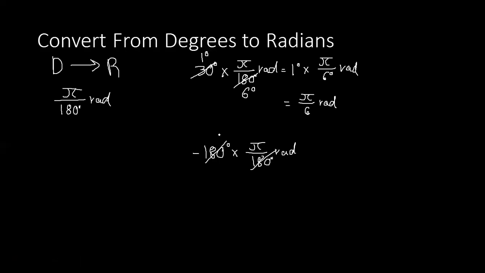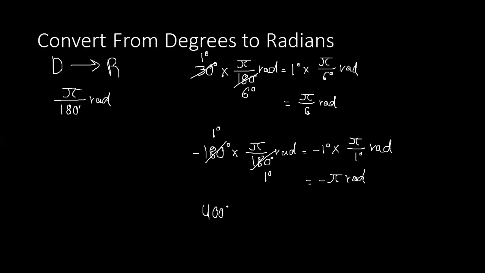Cancel these two, we will have negative 1 degree and 1 degree here. So we have negative 1 degree times pi all over 1 degree radian. Hence, you have negative pi radian.